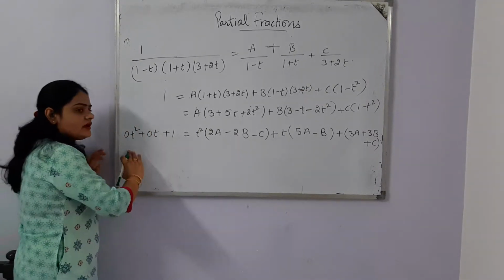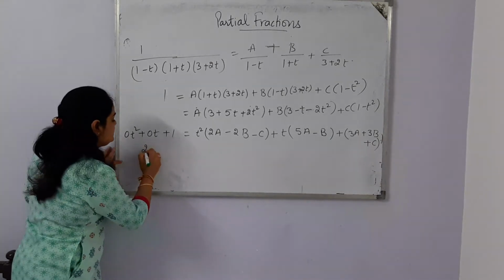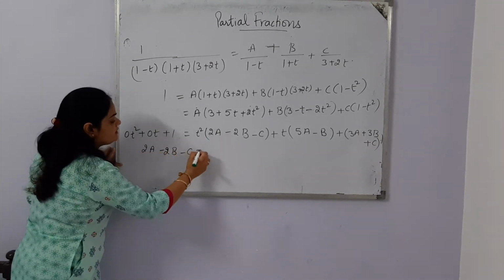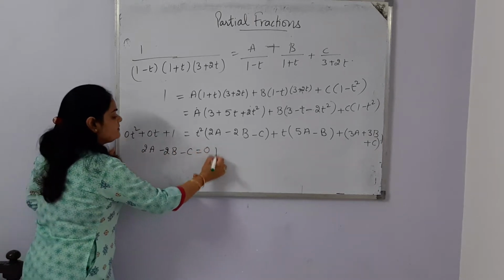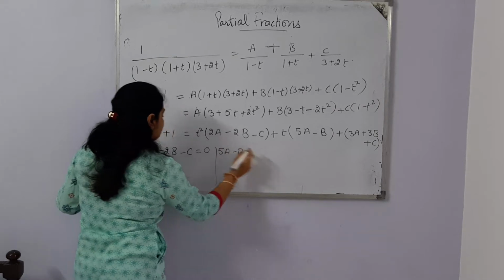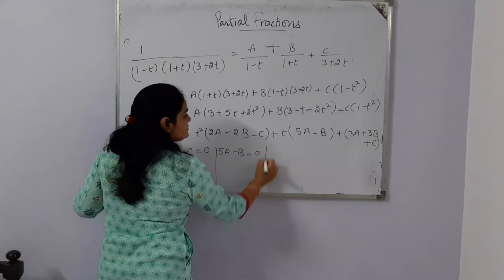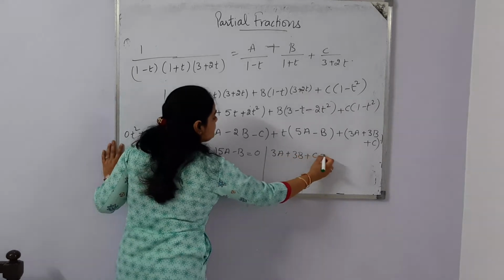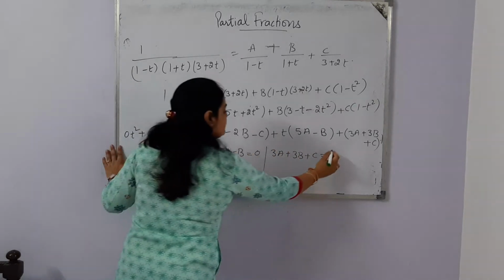Now can we compare the coefficients? T square's coefficient here is 2a minus 2b minus c, and here t square coefficient is 0. Again, t's coefficient is 5a minus b, and here t coefficient is 0. Then the constant term is 3a plus 3b plus c, and here the constant term is 1.